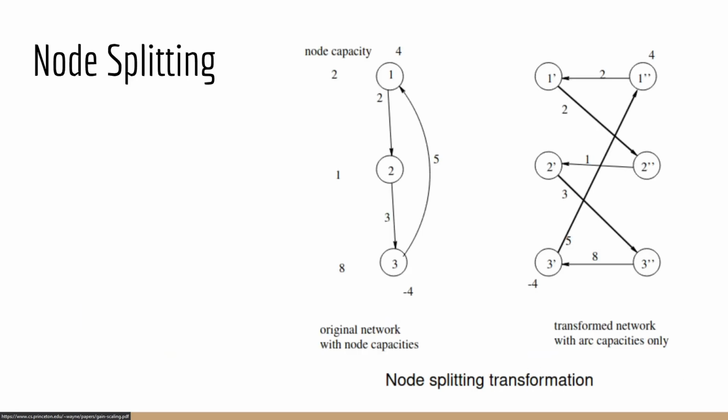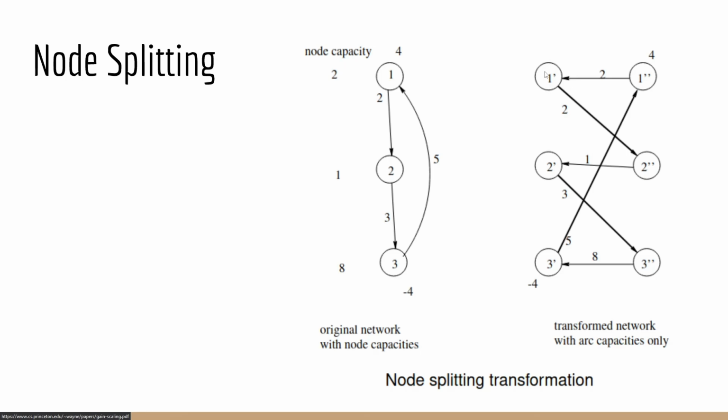The next step would be node splitting. So node splitting involves taking each node, which you can denote as i, which has arcs going into it and out of it, and replacing it with 2 nodes, which you can name i1 and i2.